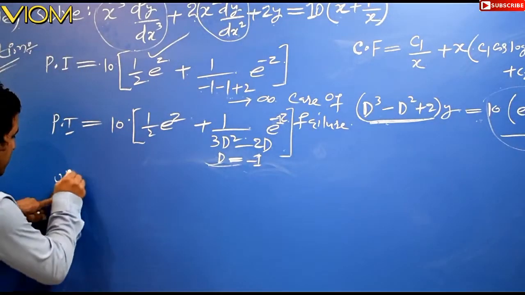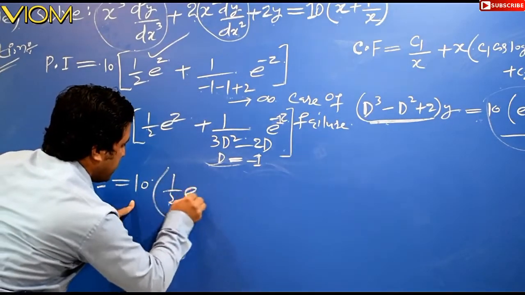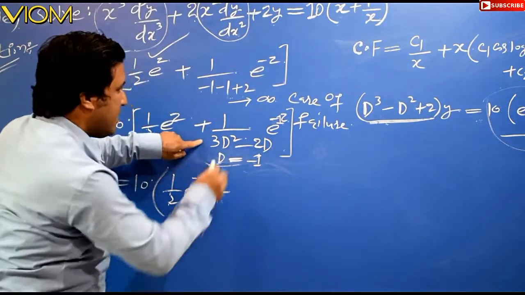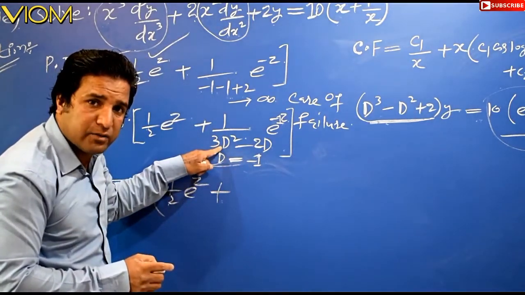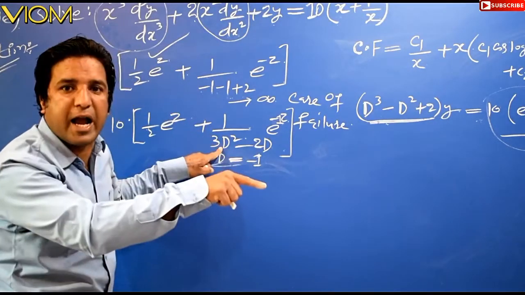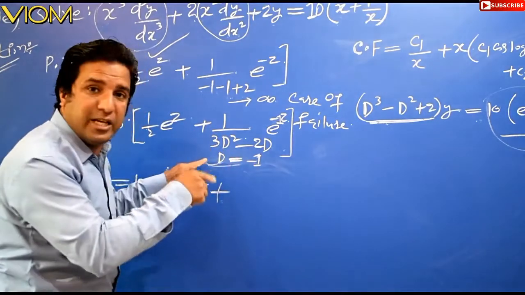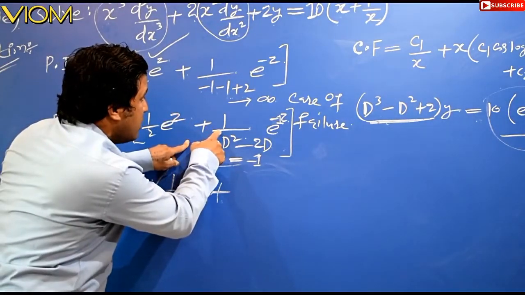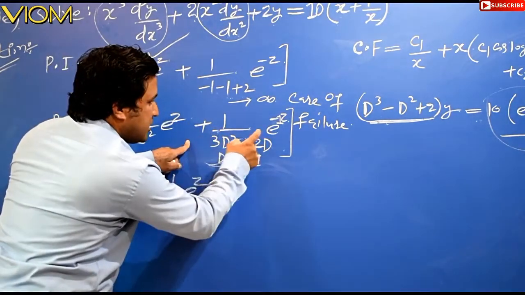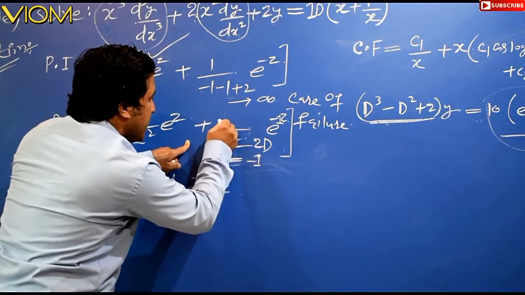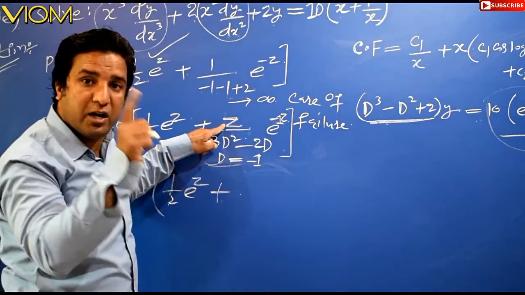The particular integral again is equal to, the first term is 1 divided by 2, e raised to the power z, this is correct. Plus, whenever I insert d is equal to minus 1 and it tends to 0 again, then you differentiate with respect to d and multiply by the variable z in the numerator, because it is a case of failure once.